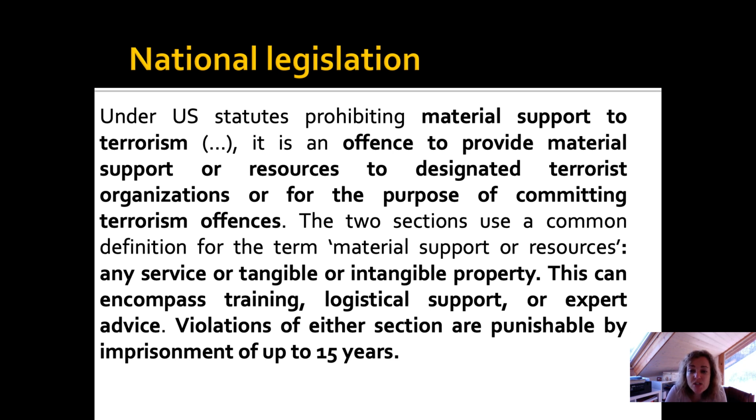The two sections use a common definition for the term material support or resources, which is any service or tangible or intangible property. This can encompass training, logistical support, or expert advice. Violations of either section are punishable by imprisonment of up to 15 years.